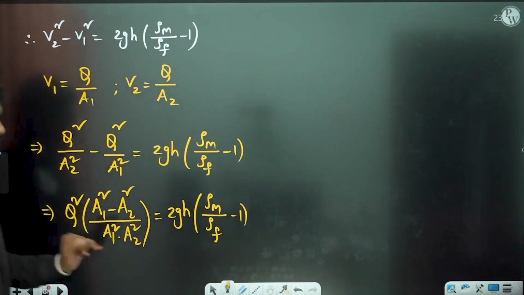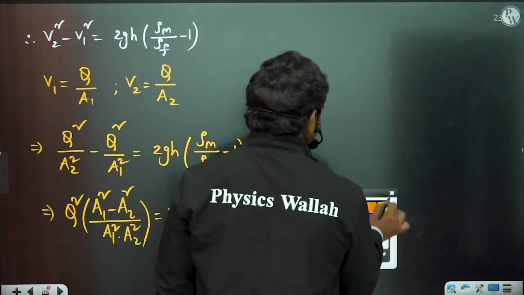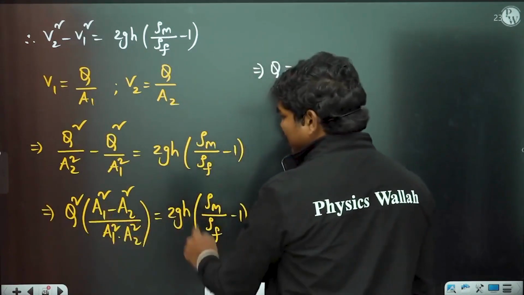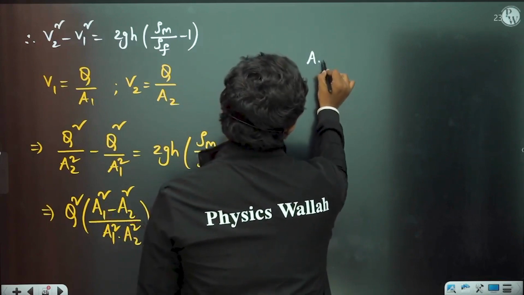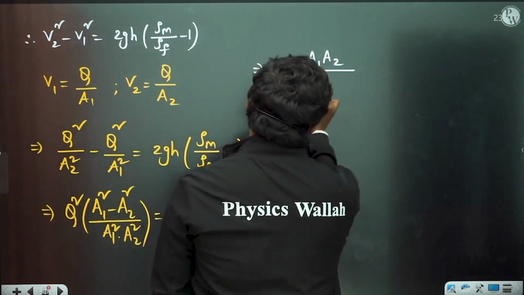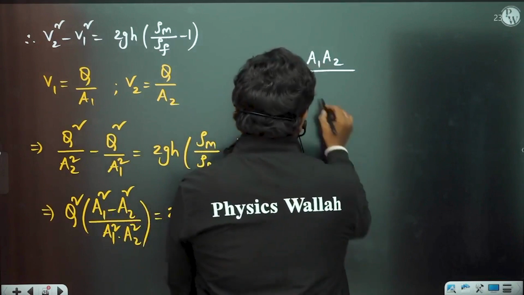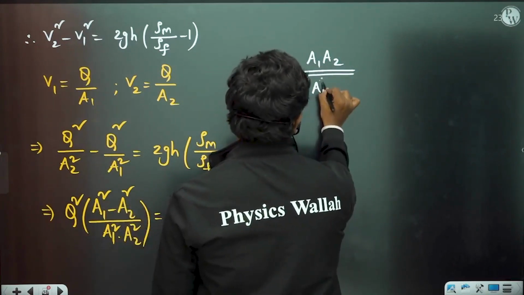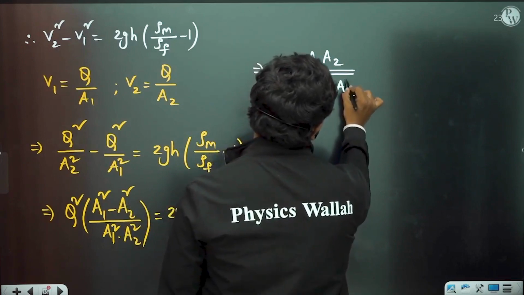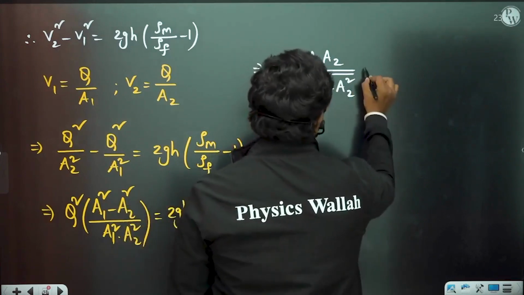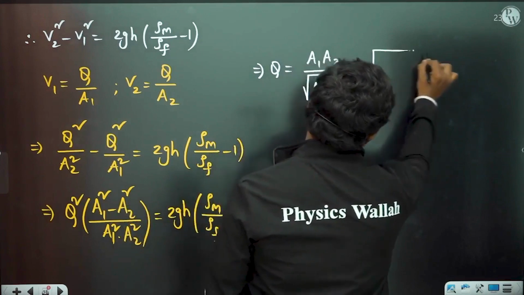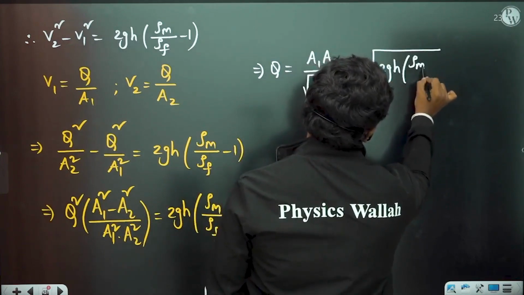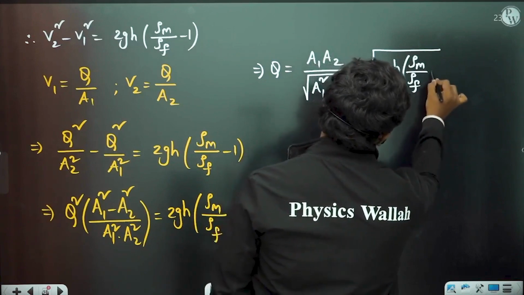So what is the expression for discharge in this case? Discharge is equal to, if you simplify this, if you shift this term to the left hand side, we get A1 A2 by square root of A1 square minus A2 square into square root of 2gh times of manometric fluid by flowing fluid minus 1.